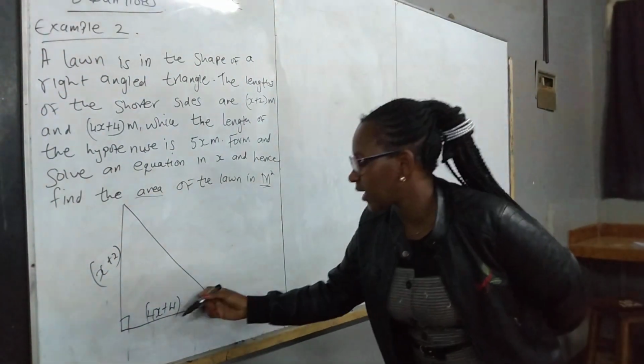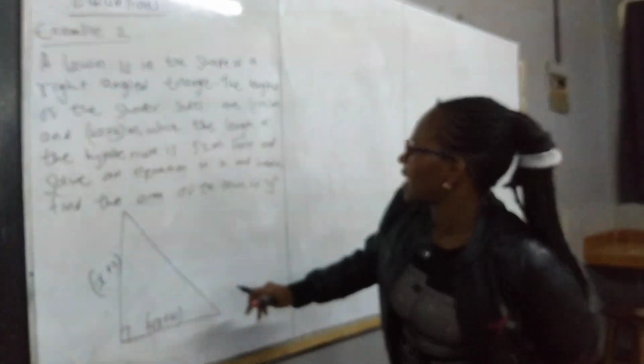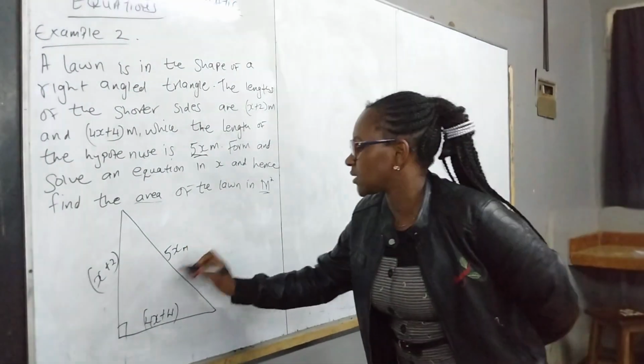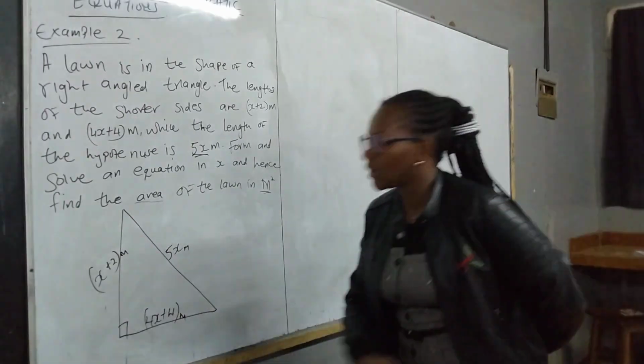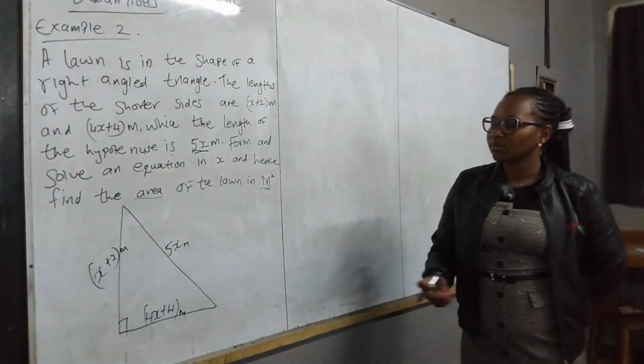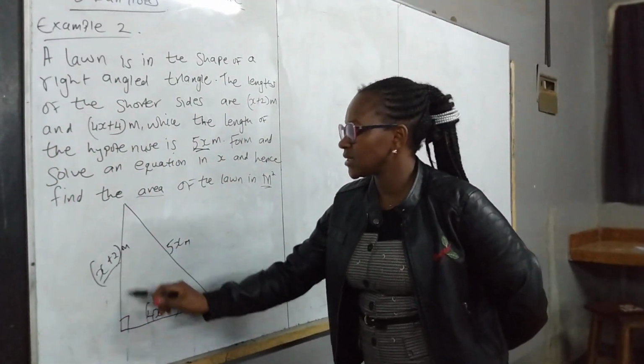Any of them. We can have this one here, the other one here. But the longest side, which is the hypotenuse, has 5x meters. These are meters.